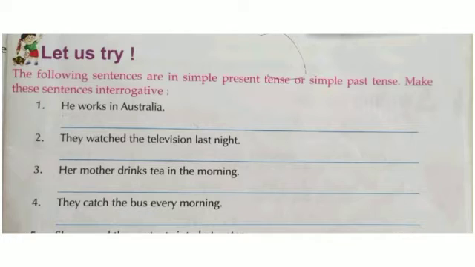Works is in simple present tense, right? So, as the subject he is singular, we add does before the subject he. So, the answer is, does he work in Australia? And the verb will be only work, not works. We already learned that in an interrogative sentence, we use the original form of the verb. That means no letters will be added to the verb. Okay.